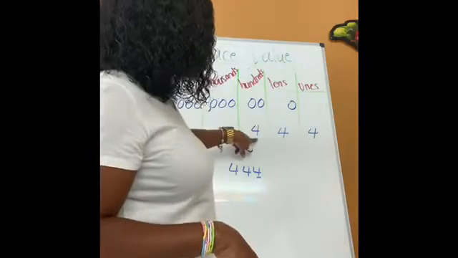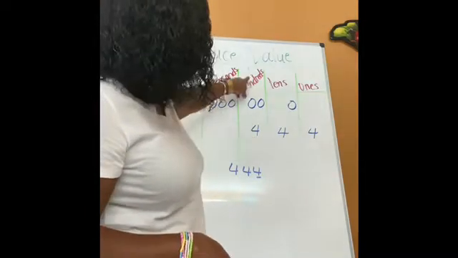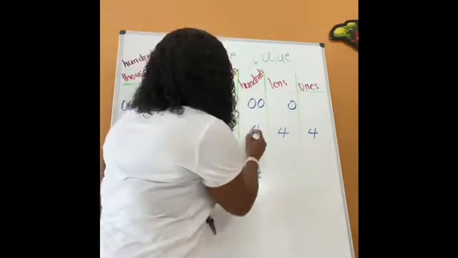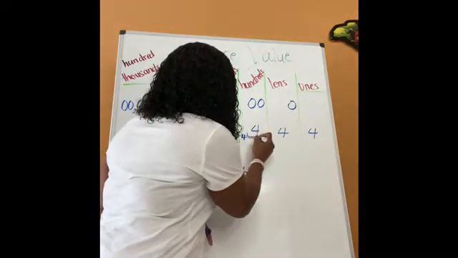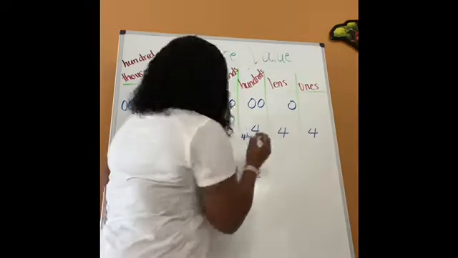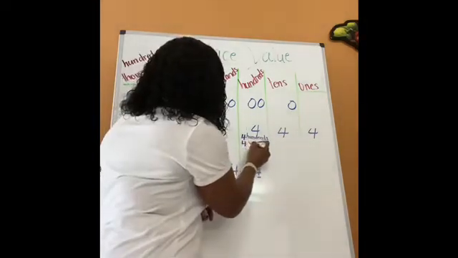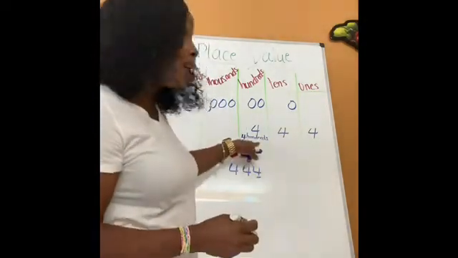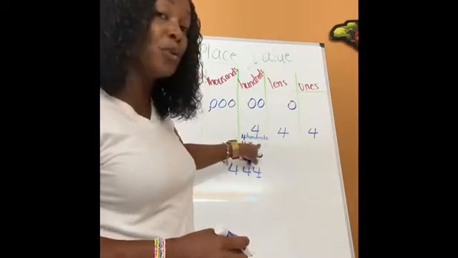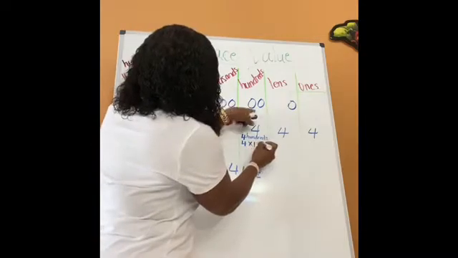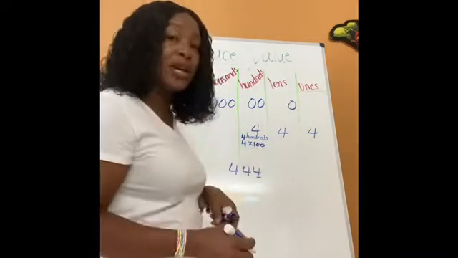So this 4 is 4 hundreds. It means that we can write it 4 hundreds, meaning 4 times 100. And I put the zeros there, so when you're putting them here, you have no problem. So only 2 zeros, 100.